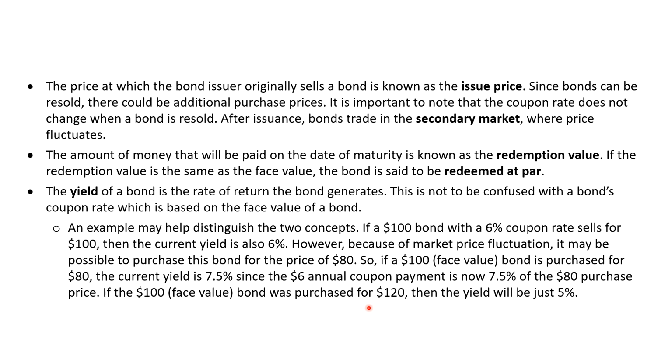If, on the other hand, someone bought the bond for $120, and that may happen if the interest rates go down, the bond price typically goes up, then the yield would be just 5%.